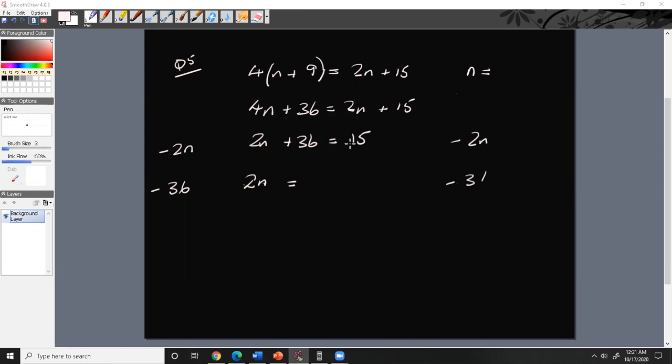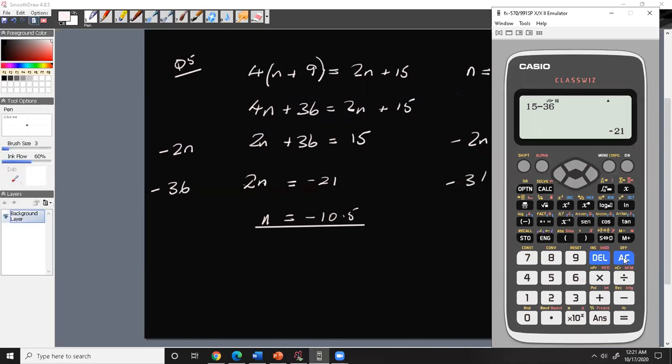So 15 minus 36 is minus 21. And so n is minus 21 over 2, and that is going to be minus 10.5. We can check that one on the calculator just to make sure.